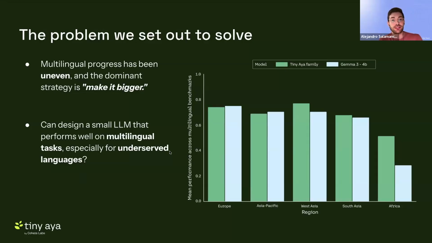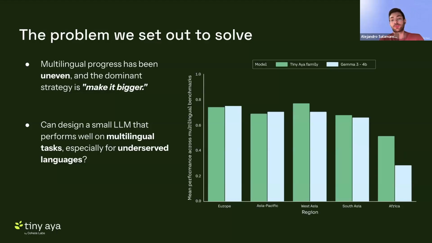So we can take a look at this chart, and we can see that performance drops quite sharply as you move from the most resourced languages like European languages all the way to African languages, where performance decreases quite fast. And that gap means that entire communities are being left out of the AI revolution.